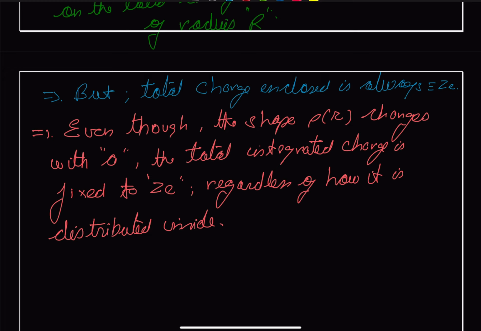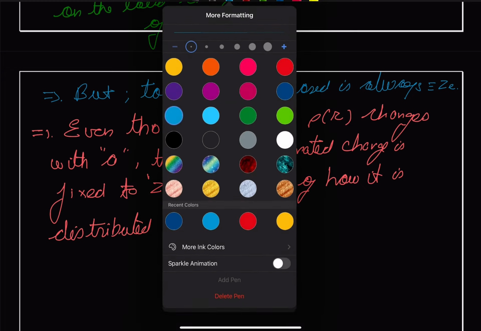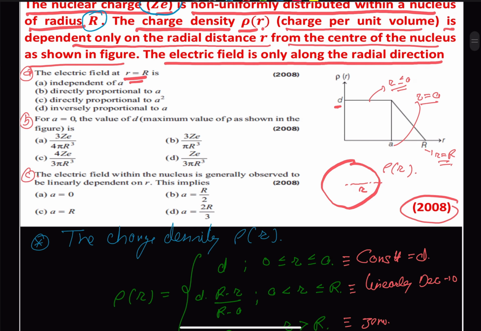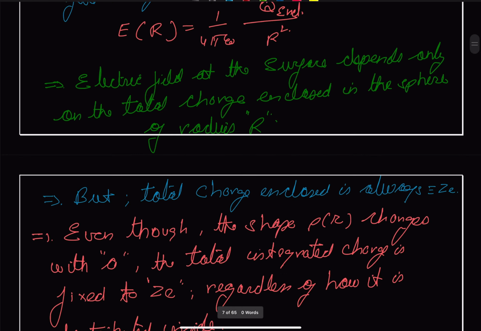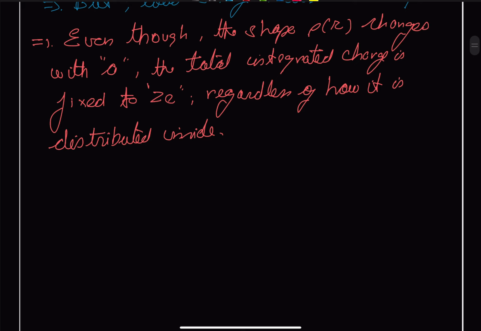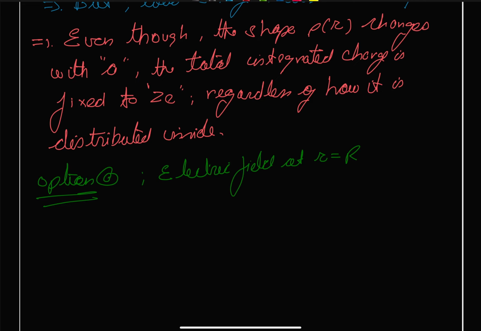Let us check now the options one by one. For the first option, it states the electric field at r equal to capital R. So from this discussion, for option A, we can say the electric field at r equal to capital R depends only on Ze.